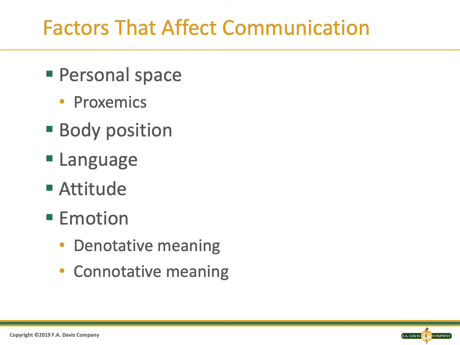So you want to try to be eye level with the other person, leaning slightly forward and maintaining an open body posture. And that would indicate that you are willing and interested in learning about what their situation is.